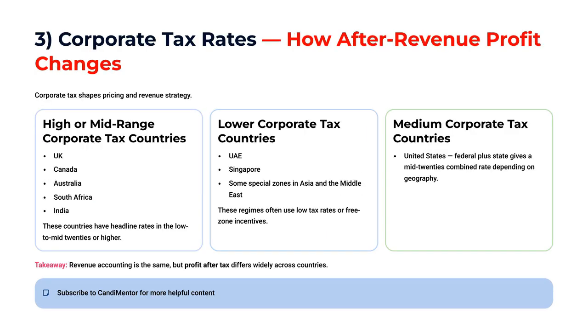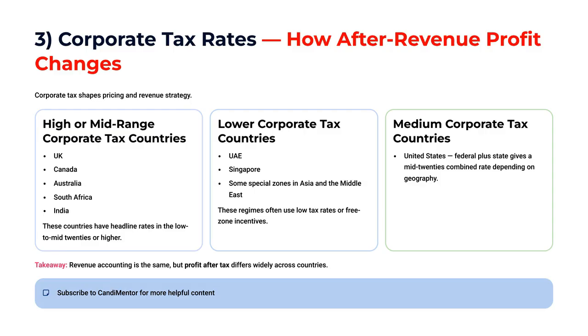Corporate tax rates. How after revenue profit changes. Corporate tax shapes pricing and revenue strategy. High or mid-range corporate tax countries: UK, Canada, Australia, South Africa, India. These countries have headline rates in the low to mid-20s or higher. Lower corporate tax countries: UAE, Singapore, some special zones in Asia and the Middle East.